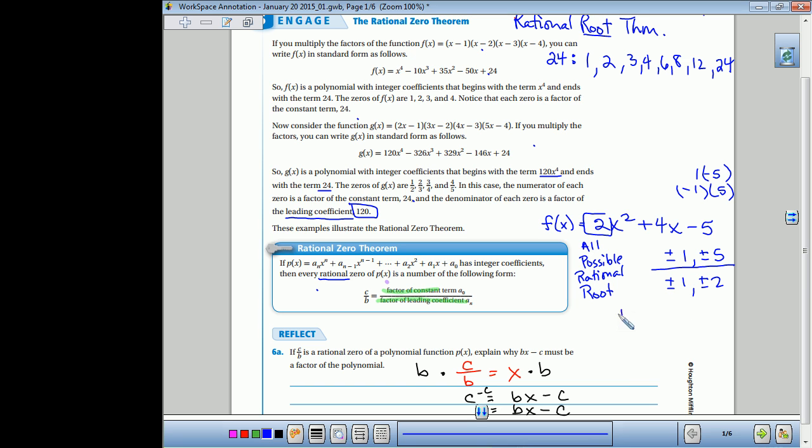No. So it's plus or minus 1 and plus or minus 5. But when we take these numerators and divide them by 2, do they change? Yes. So that's where we get plus or minus 1 divided by 2 and plus or minus 5 divided by 2. So this is a list of all the possible rational zeros.